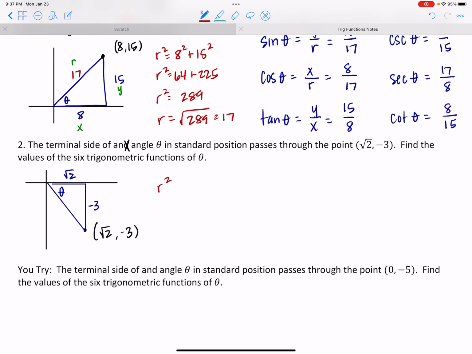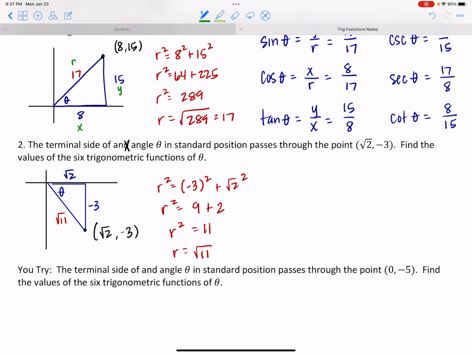So r squared is going to be negative 3 squared plus radical 2 squared. Negative 3 squared is going to make positive 9. Radical 2 squared is just going to make 2. And so r squared is equal to 11, which means r is going to be the square root of 11. So I have a radical 11 here that can't be simplified, so that's going to stay.